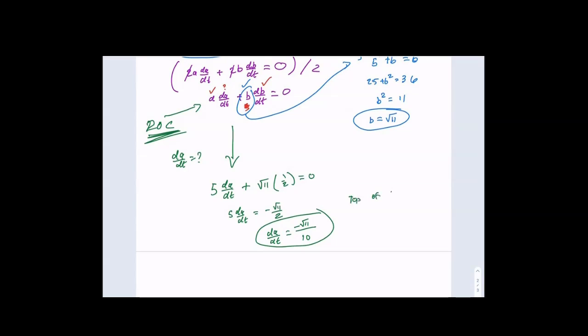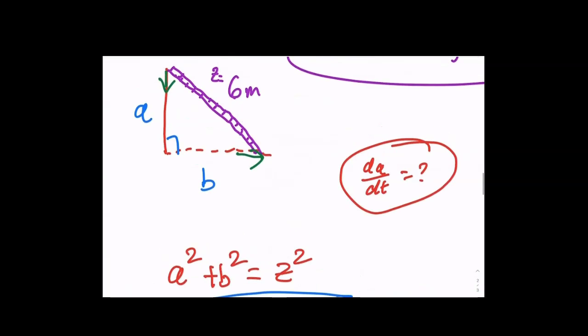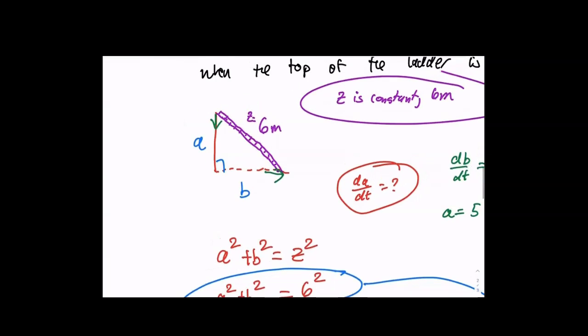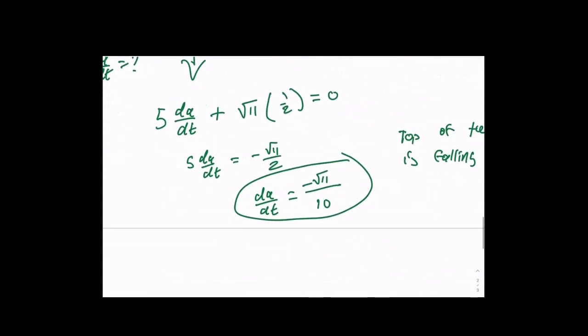And so the top of the ladder is falling. It's negative, so I'm going to say the word falling, which makes sense, right? Always think about it: if B is going out, then A has to be falling down. And so my numerical answer for dA/dt should be negative. If it's multiple choice, that's all I would give.